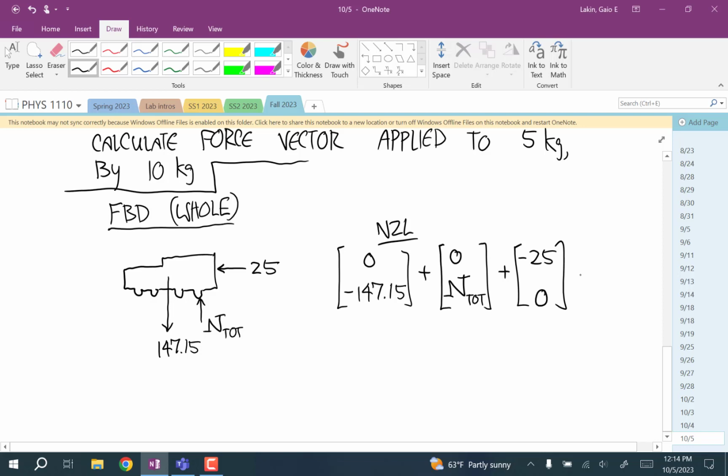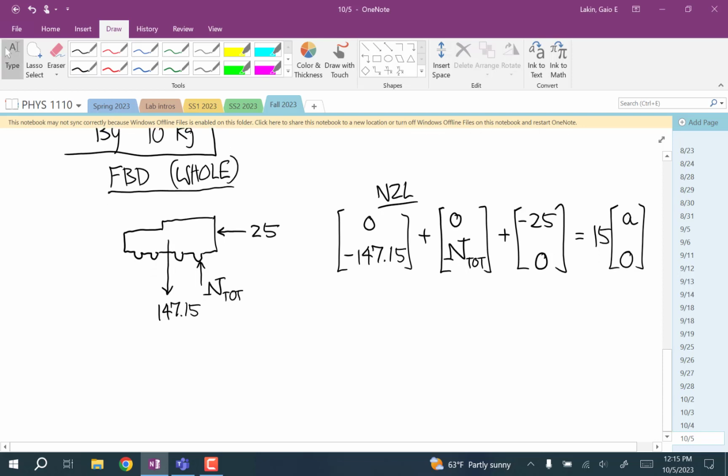And then that's equal to the mass of what we're isolating, 15 kilograms, times the acceleration vector. And with the acceleration vector, you always have to ask yourself, is this thing going to move along the x-axis or the y-axis? In this case, x. So I'm going to write this as a, 0. Okay, two equations come out of this, an x equation and a y equation.